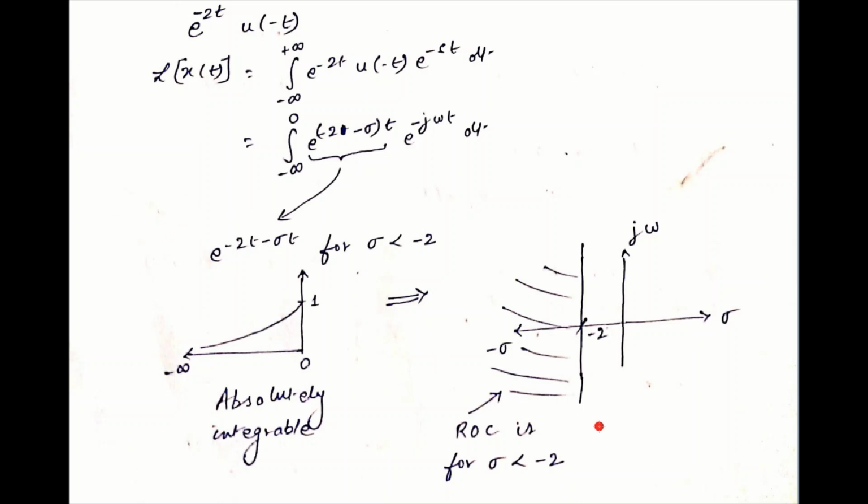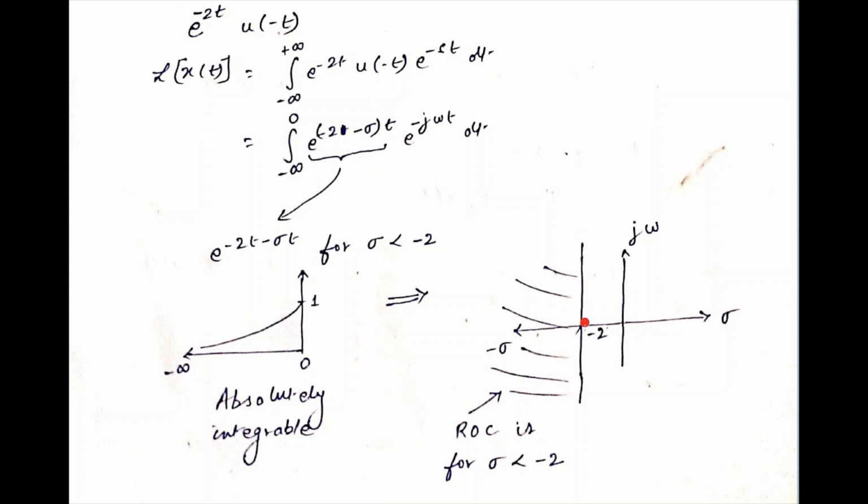And if we talk about the region of convergence of this function, we have seen that its integral will converge if sigma is less than minus 2. So this is the boundary of the region of convergence.